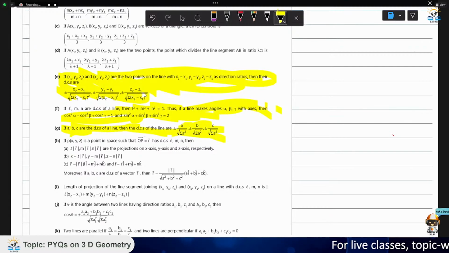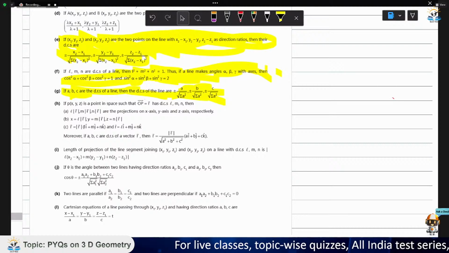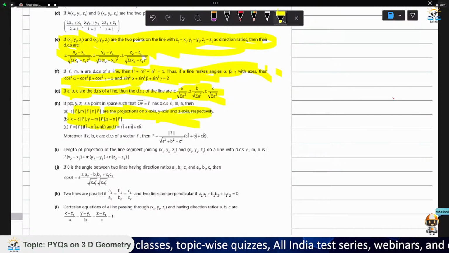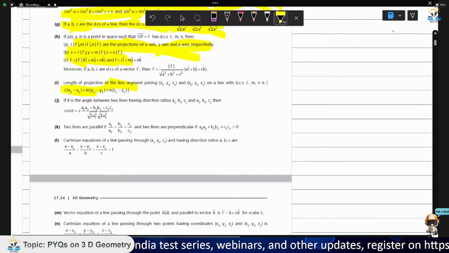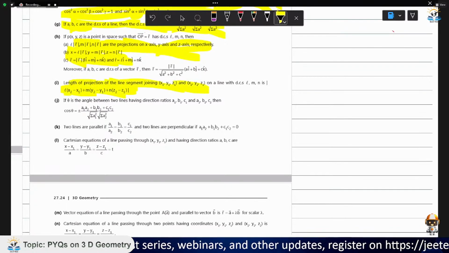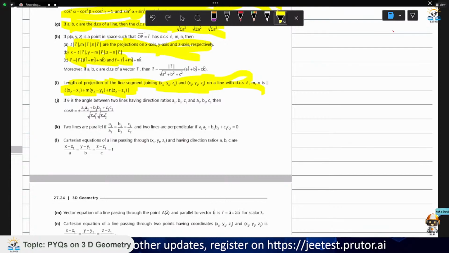Not to mention, if P(x, y, z) is a point in the plane such that OP is equal to r vector, as this is this. Okay, so again, this is the direct projection formula, what the projection on the XY axis is and what they look like. Then the length of the projection is given by this. These are all, see, again, we had done these questions in JEE Mains, right? When we were discussing the question in the JEE Mains portion, these were direct questions that came up.